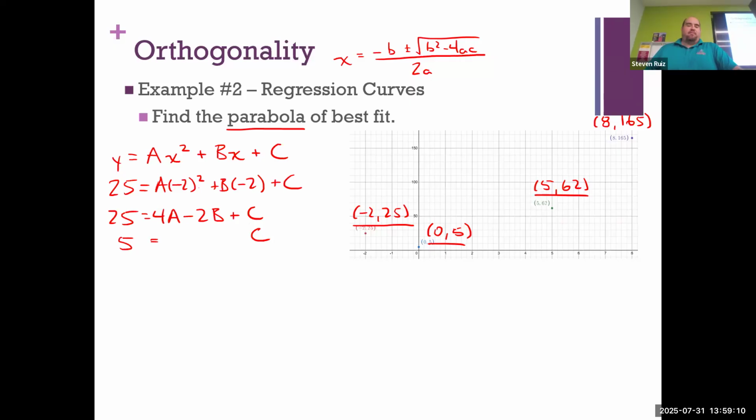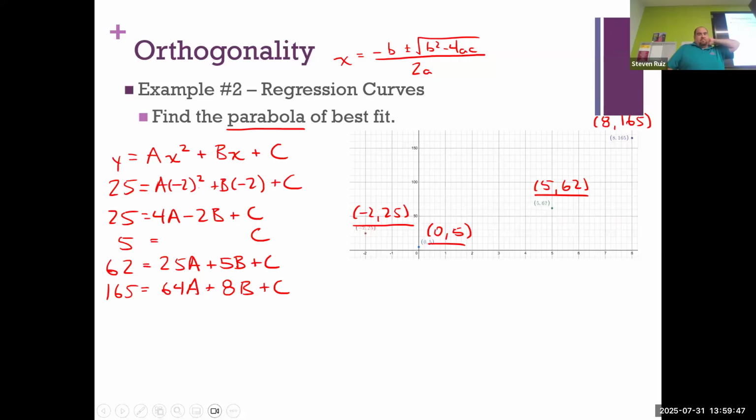How about 62 and 5? Or 562, sorry. Equals 25A plus 5B plus C. And finally, 165 equals 64A plus 8B plus C. So to kind of recap, we wrote down the most general looking version of the kind of curve we're trying to fit to.